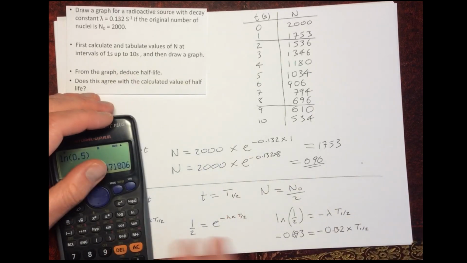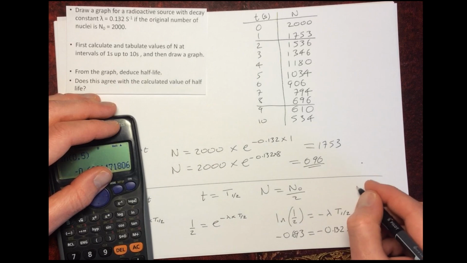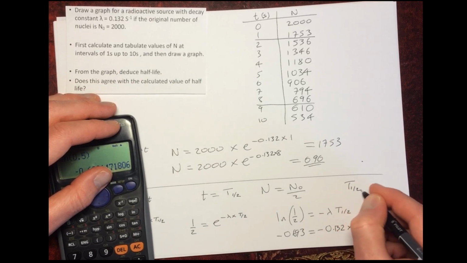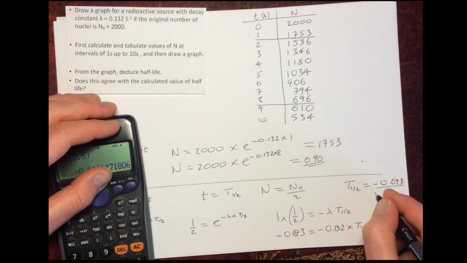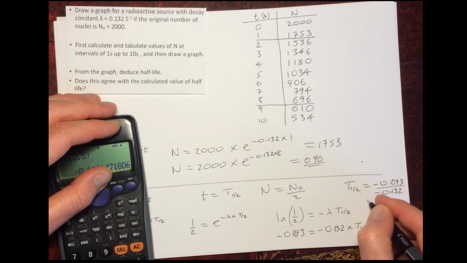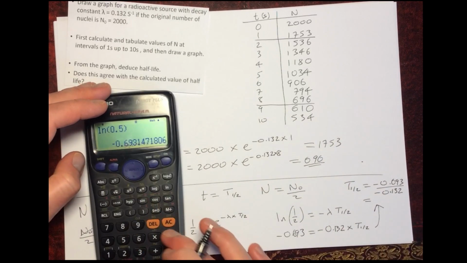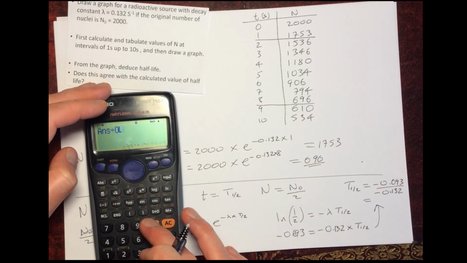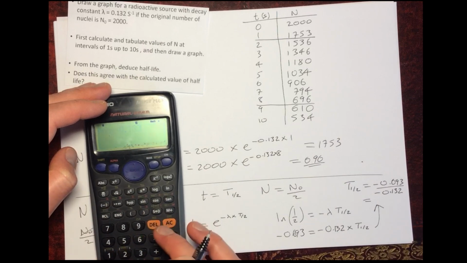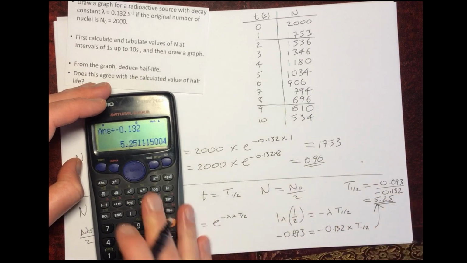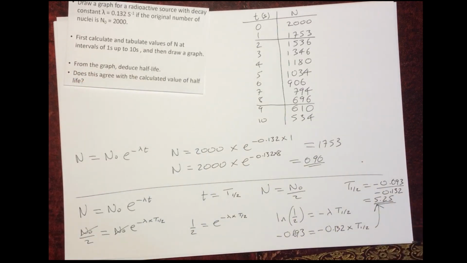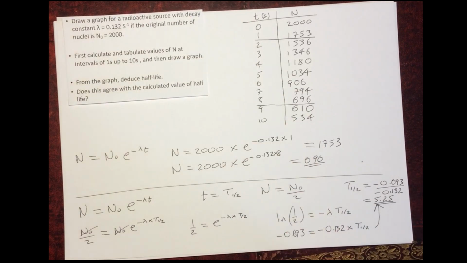So if I go up here to work this out now, finally t half is just equal to minus 0.693 divided by minus 0.132, and that's going to be equal to 5.25. Now what you need to do then is plot your graph and figure out, do you get a similar value for half-life?